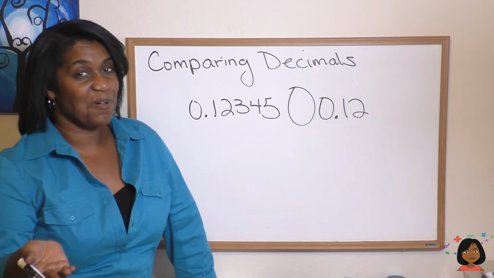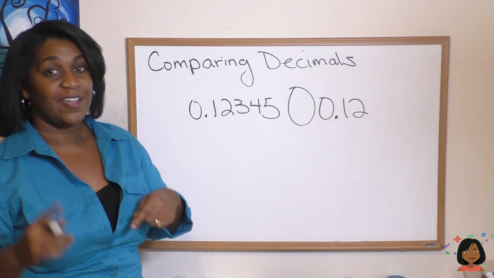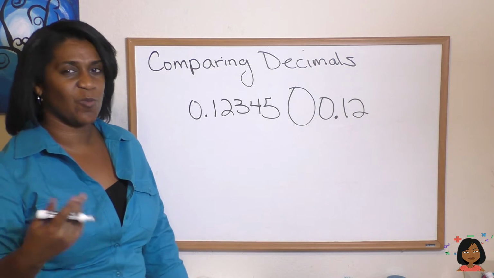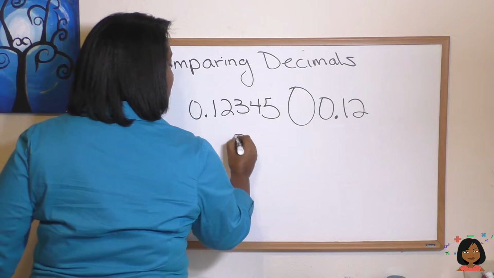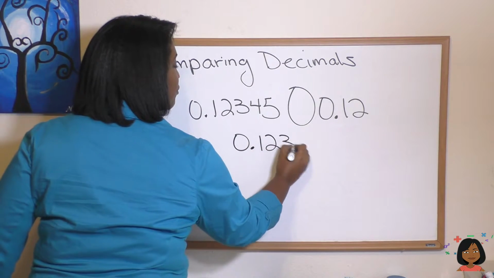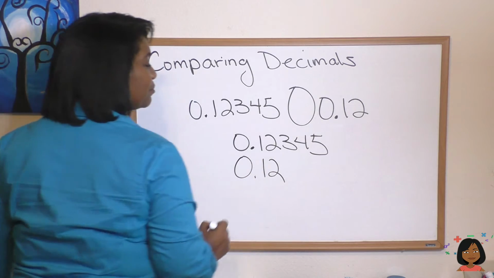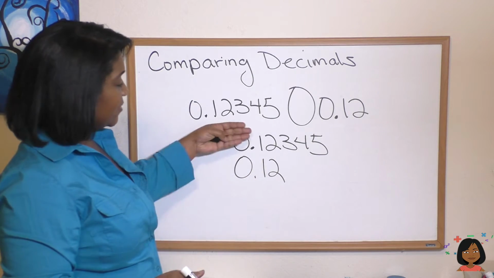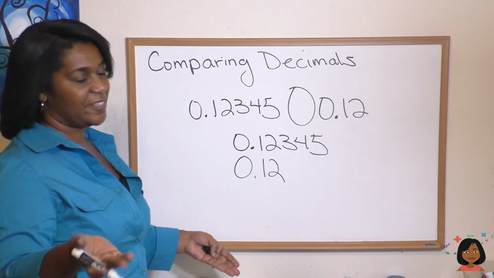One last example. Take a look at this. 0.12345 compared to 0.12. Well, let's line them up with the decimals and see what happens. 0.12345, 0.12. Let's look at the tenths place. The same. The hundredths place. The same.